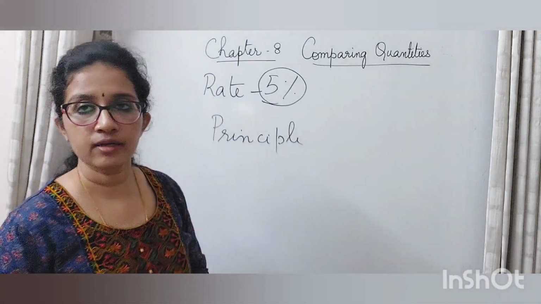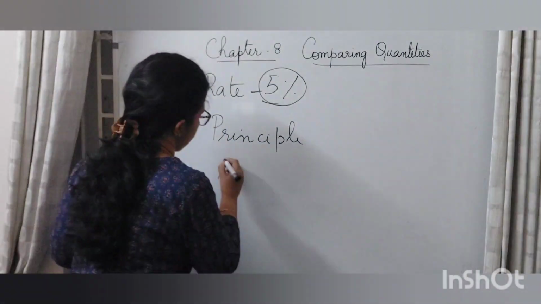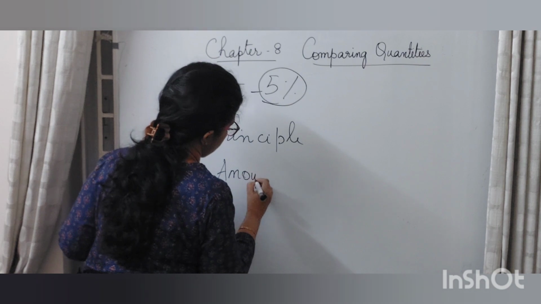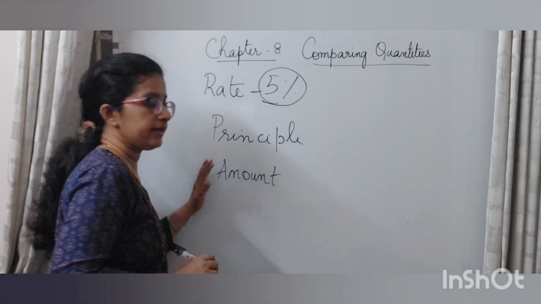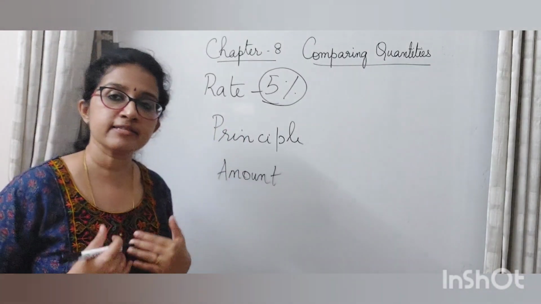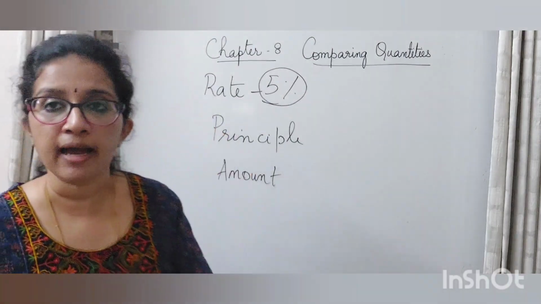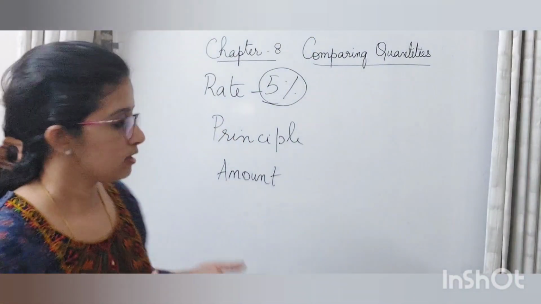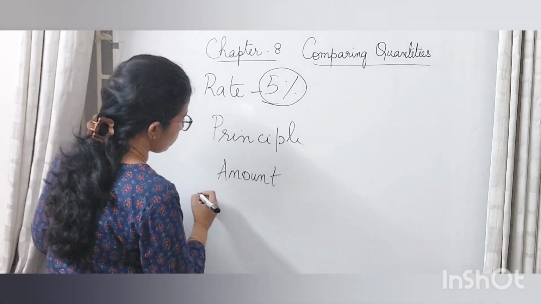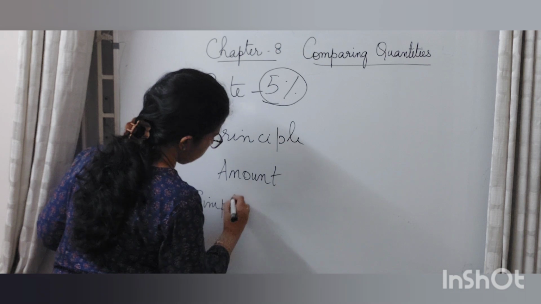The amount which we are going to return to the bank is called the amount. You don't get confused between these two. Principal is the money which the bank is giving us, and amount is the money which we are going to pay the bank finally. Now we are going to see a formula for simple interest.